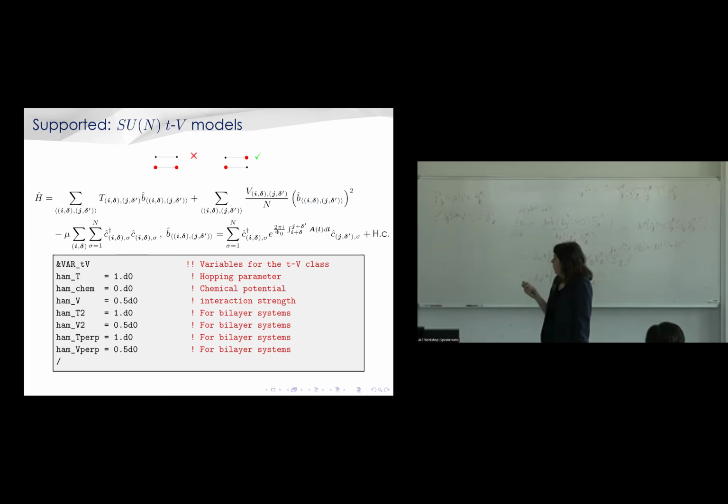Okay, and then beyond that, we had the Hubbard models with the on-site interaction. There's a whole class of SUN TV models for nearest neighbor interactions. And we've got the hopping, chemical potential, and so this is something you could build off of as well or work with for the TV. And it also works for bilayer systems.